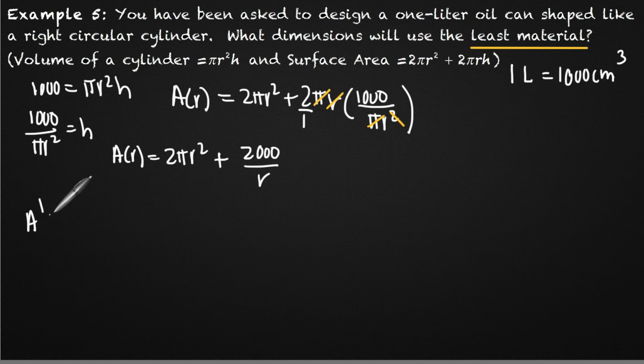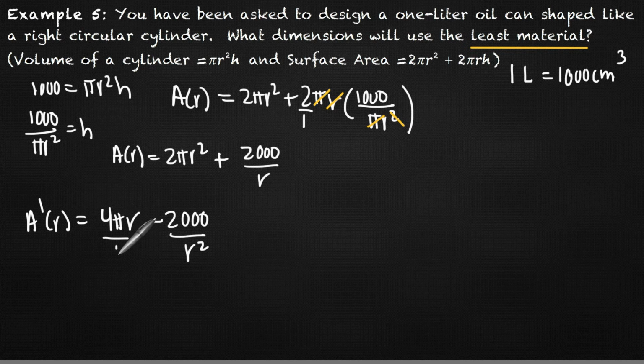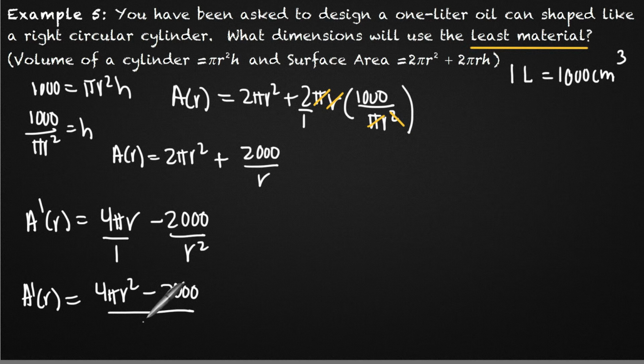So A prime of r is going to equal 4 pi r, and then the derivative of this is just negative 2,000 over r squared. All right, so now we're going to get a common denominator. So we're going to multiply top and bottom by r, so that gives us 4 pi r squared minus 2,000 over r squared.